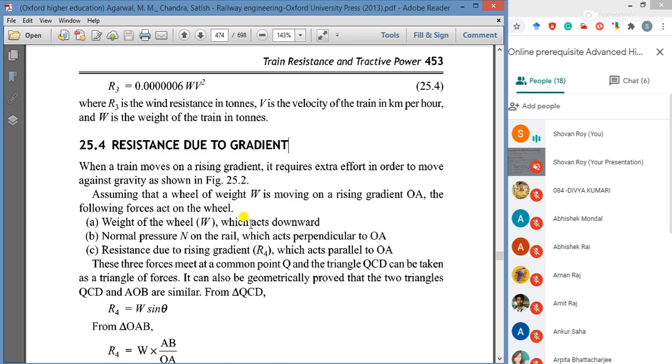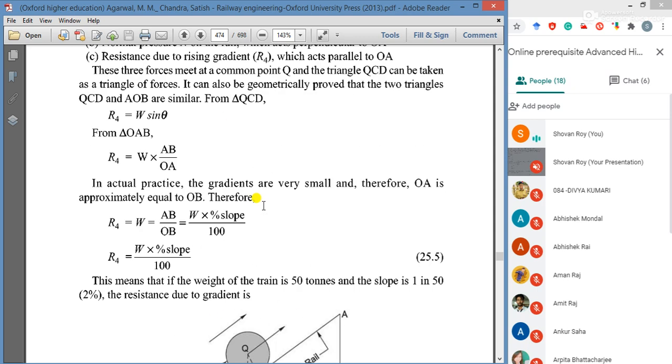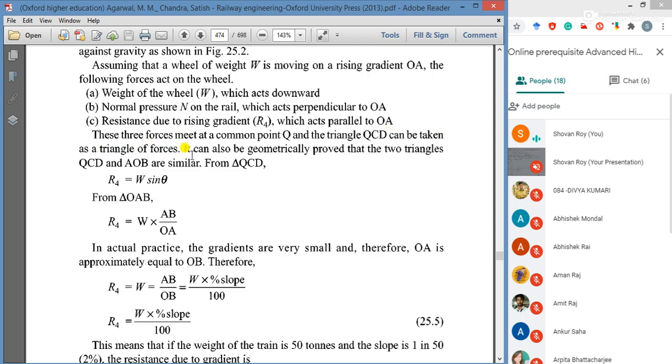Then the triangle QCD can be taken as the triangle of forces. It can also be geometrically proved that the two triangles QCD and AOB are similar.